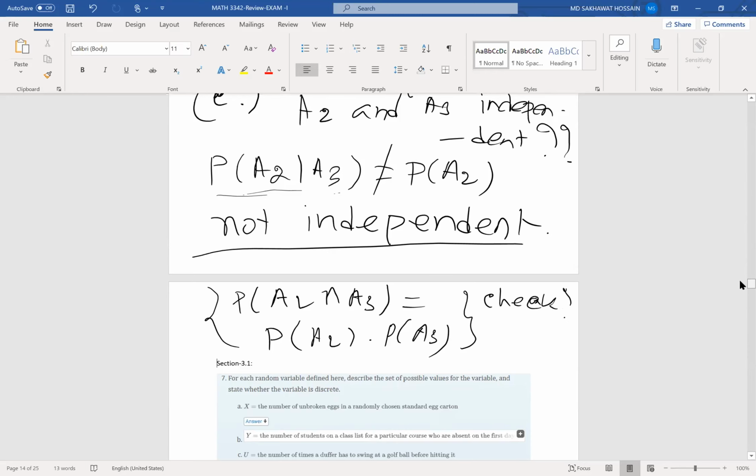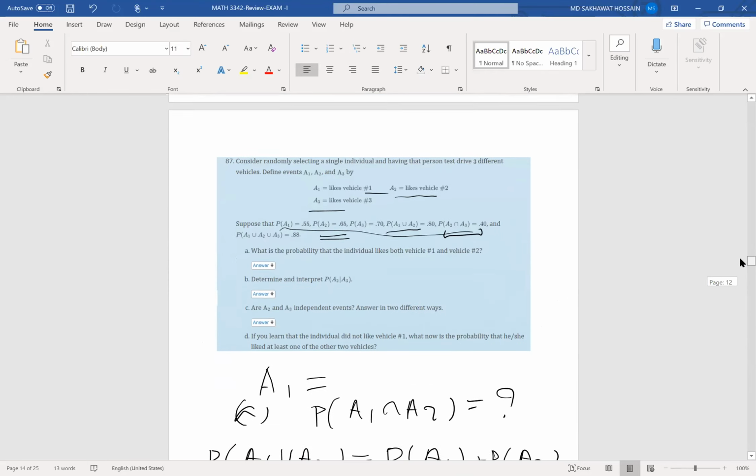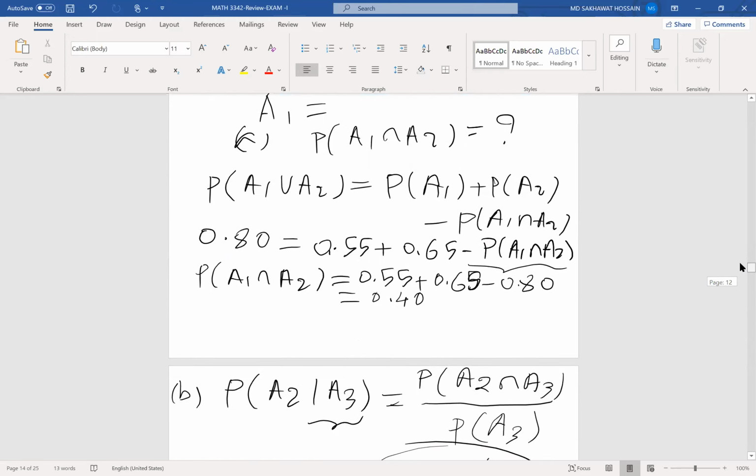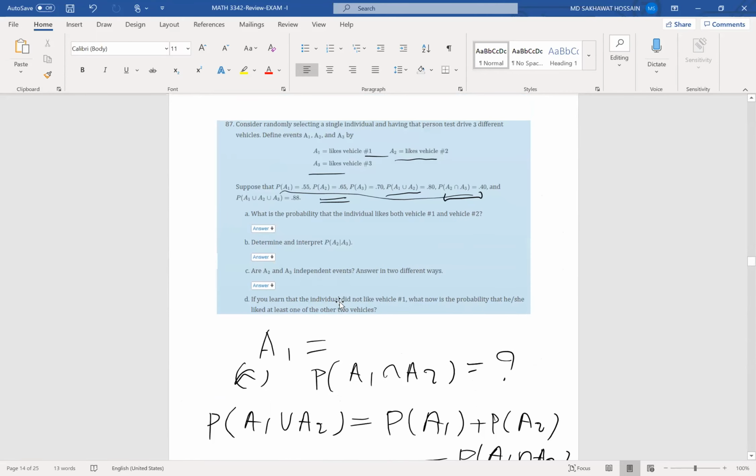So we have one more part here. The last part is if you learn that the individual didn't like vehicle number 1. So this information is given. Didn't like means A1 complement, so A1 complement is given.